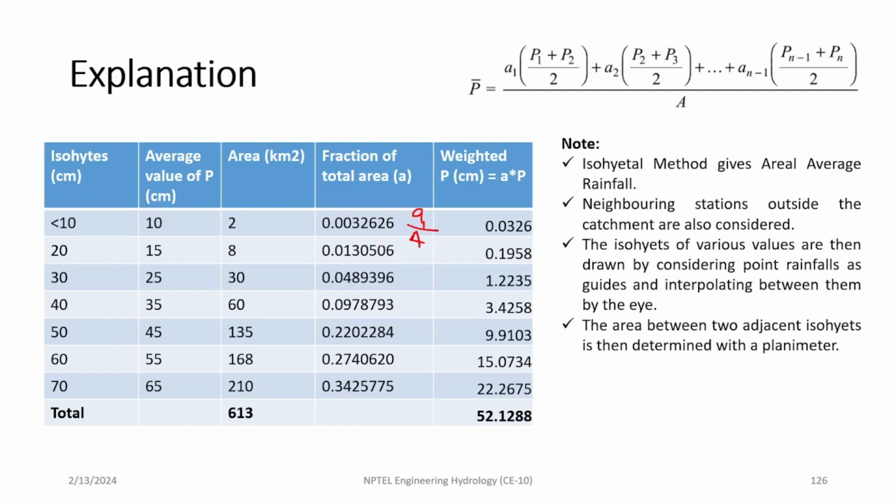And then you are finally multiplying it with P. Yes. Okay, good. Once you get this value, you have to sum up for the remaining isohyets, and you will get a value of approximately 52.13. What will be the unit? Centimeters. Yes, it will be in centimeters. Good.